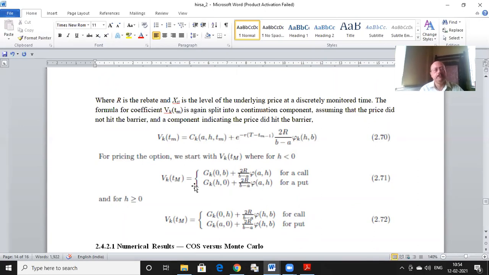For pricing this option, we will start from the last monitoring date, which is the terminal date, T capital M, and VK T capital M will be given by, this is my final exercise value or the rebate, and for a put, again, this is the final exercise value or the rebate.